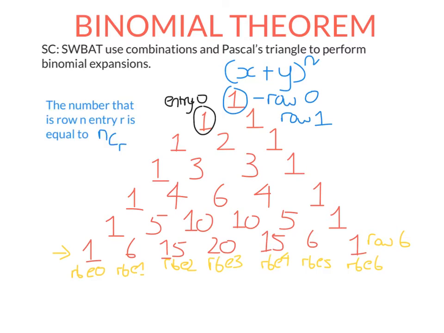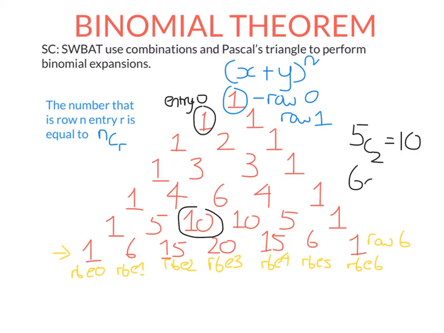One thing that's really cool, the number in row n, entry r is exactly what nCr equals. So for example, if I wanted to know what 5C2 is, I would go to row 5, entry 0, 1, 2. This is row 5, entry 2. 5C2, if you put it on your calculator, would be 10.